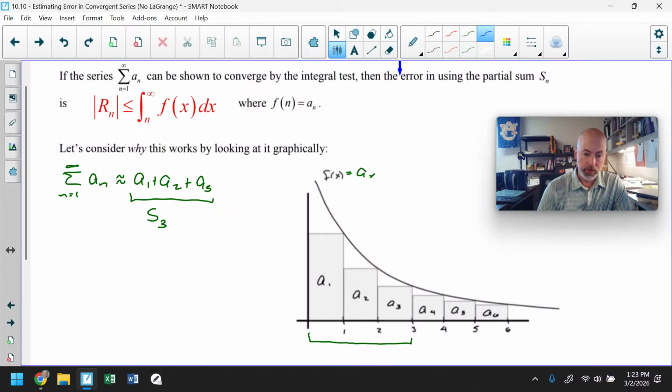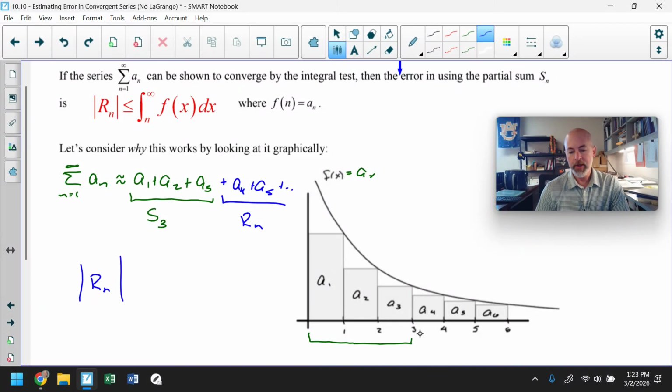My error is going to be everything I omitted: a sub 4, a sub 5, and so on. There is the remainder. The magnitude of that remainder, if you look at the picture, is all of these areas right here, that is R sub n.